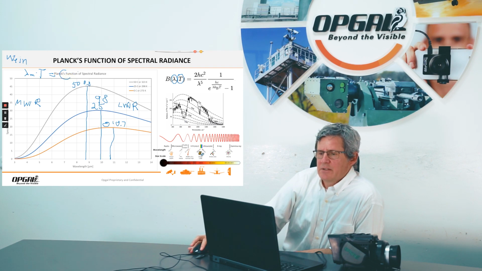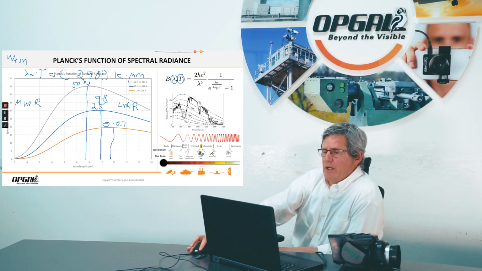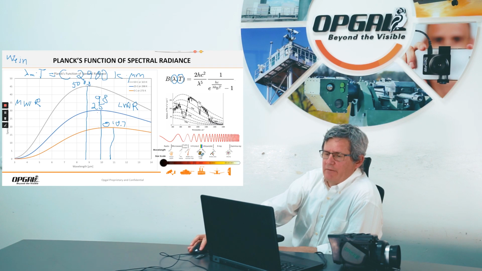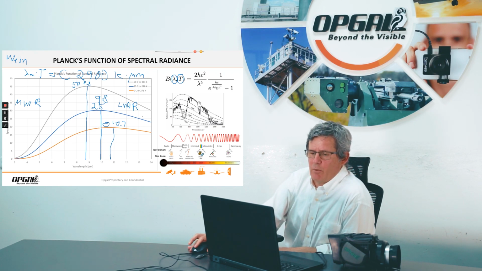This constant is around 2,900, and the units are Kelvin times micrometers. The reason I'm telling you this: 50 degrees is about 323 Kelvin. If you multiply by 8.8, you get about 2,900, and if you multiply 298 Kelvin by 9.8, you get the same number of 2,900 Kelvin times micrometer. So this is Wien's law.